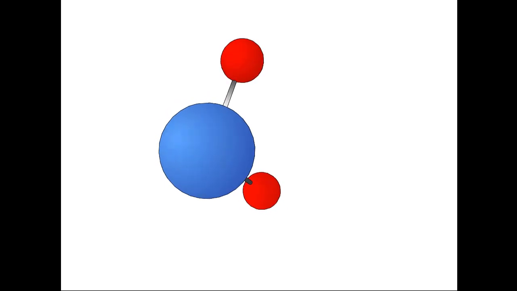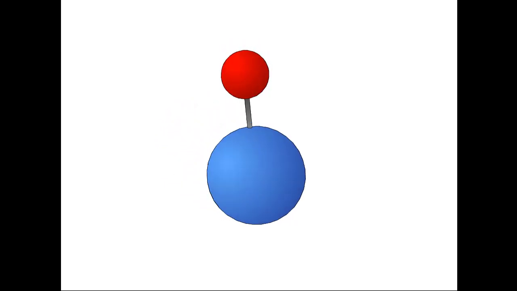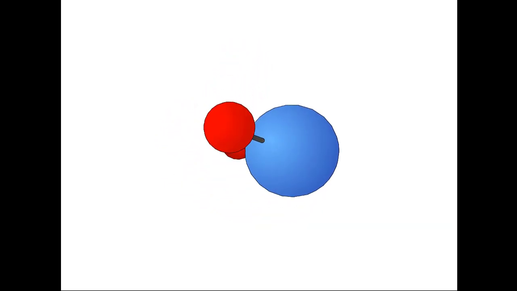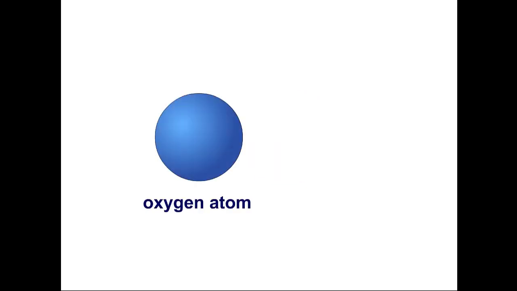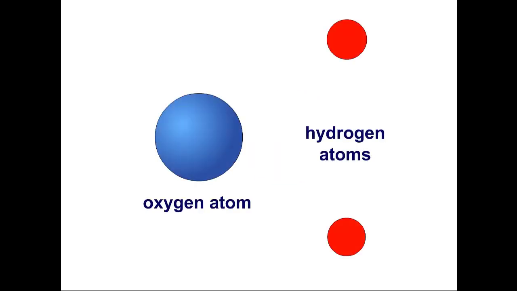2 hydrogen atoms share their electrons with an unshared pair of electrons of an oxygen atom to form the water molecule. The oxygen nucleus has a stronger attraction for the shared electrons than the hydrogen, and the positively charged hydrogen nuclei are left with an unequal share of electrons, creating a partial positive charge on each hydrogen and a partial negative charge on the oxygen.